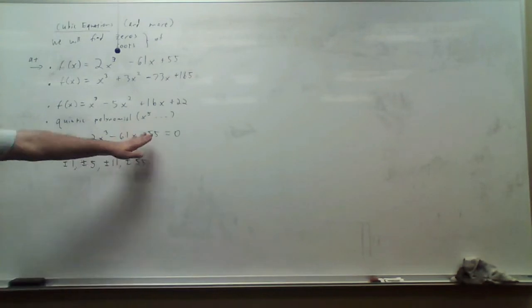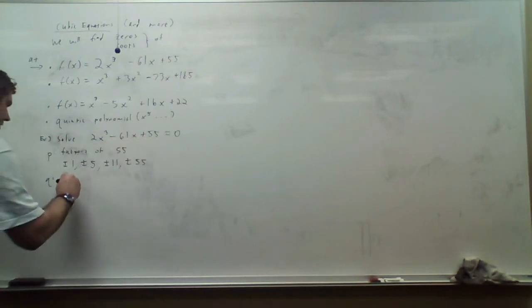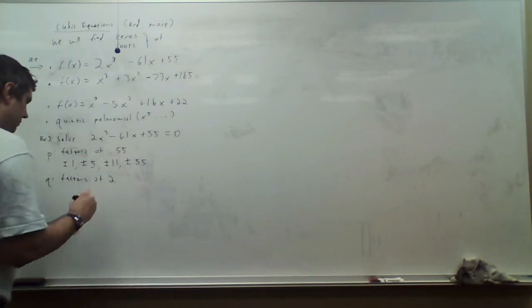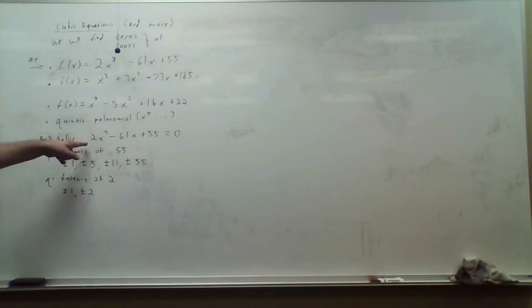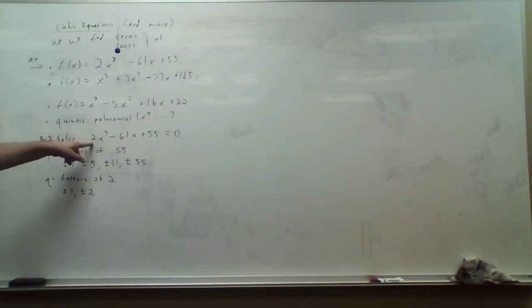Those are the factors of 55. Okay? Q are the factors of 2. So that would be plus or minus 1, plus or minus 2. Okay? P is my factors of the constant. Q is my factors of the lead coefficient. The minus 61 doesn't matter.